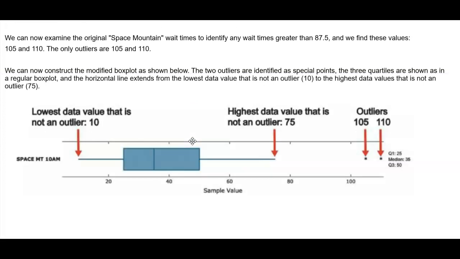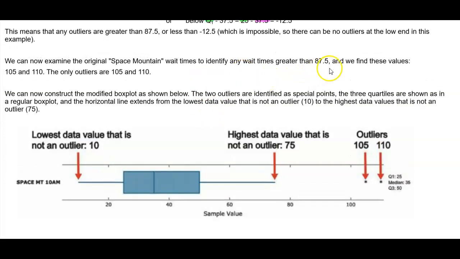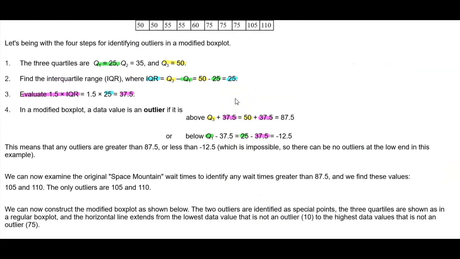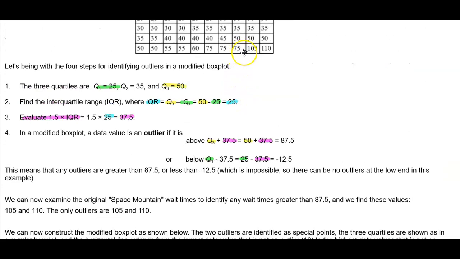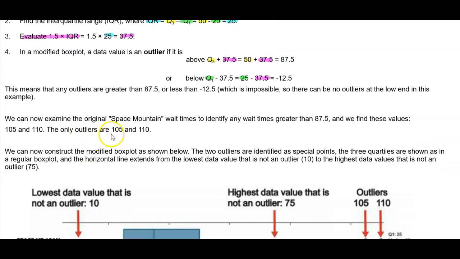So we can now examine the original Space Mountain wait times and identify any wait times greater than 87.5, and we find these values. Anything that's greater than 87.5, well, we have 105 and 110. So therefore, we would say that the only outliers are 105 and 110.